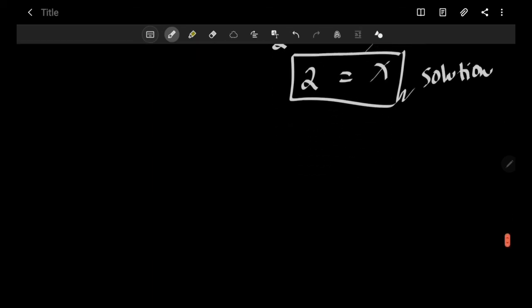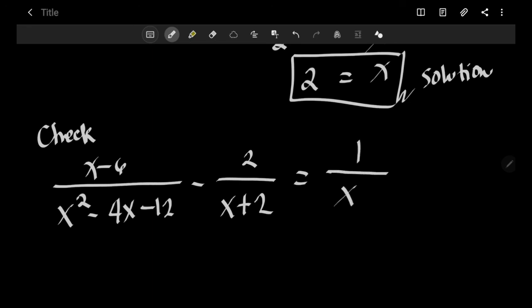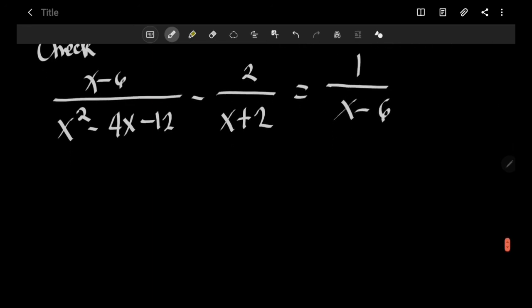Now, last step is to check. So, again, punta tayo sa original equation, which is x minus 6 all over x squared minus 4x minus 12 minus 2 all over x plus 2 is equals to 1 all over x minus 6. So, let us substitute 2.